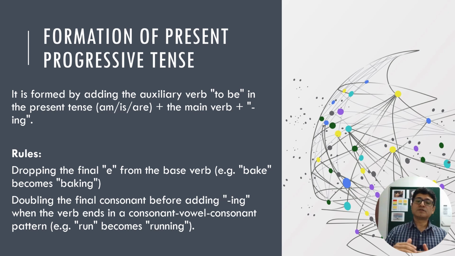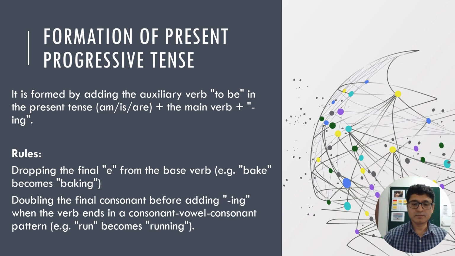Now, we also double the last letter if the word is consonant, vowel, consonant, a monosyllable. Don't be confused with vowel and consonant letters, sorry, it will be consonant sound.